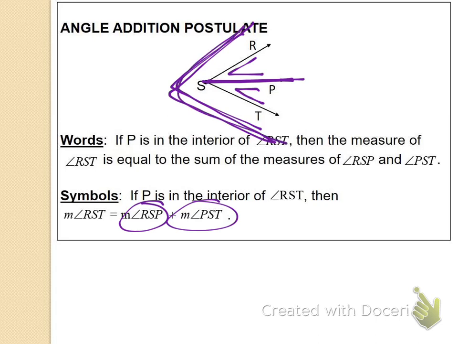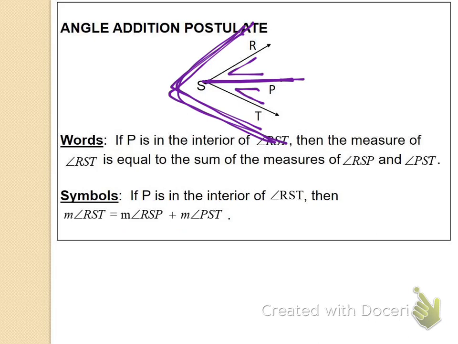So hopefully that makes a lot of sense, but we want to make sure that the angles are touching, they are adjacent, they are sharing a side, and then we'll add them together to form a bigger angle. Okay? And so, again, like the segment addition postulate, we want to write out the angle addition postulate with the naming of the angles in the measure, and then fill in what we know to see what algebra we need to use.